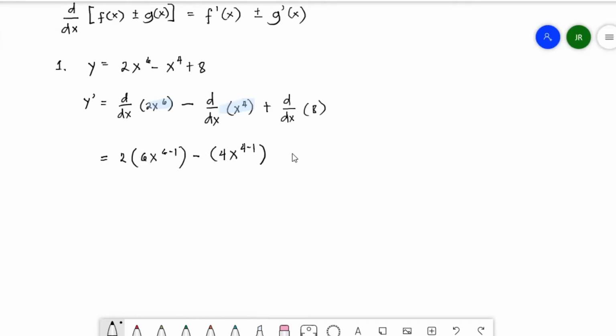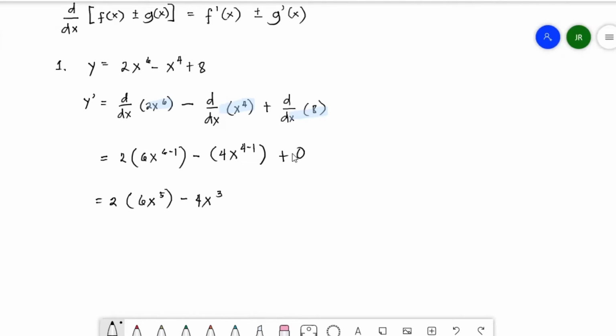Then plus, kunin ang derivative ni 8. Derivative of 8, this is derivative of a constant, that is equal to 0. Then simplify. That is equal to 2 multiplied by 6x, 6 minus 1 is 5, 6x raised to 5. Then minus 4 multiplied by x or 4x, 4 minus 1 is 3, plus 0.